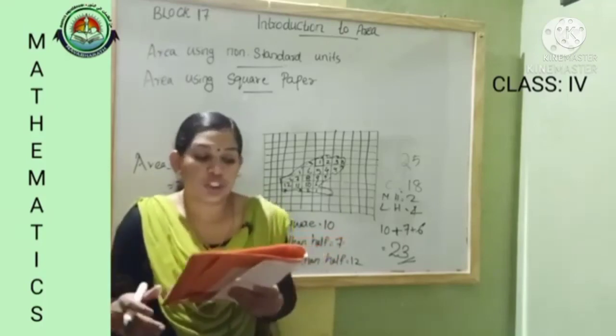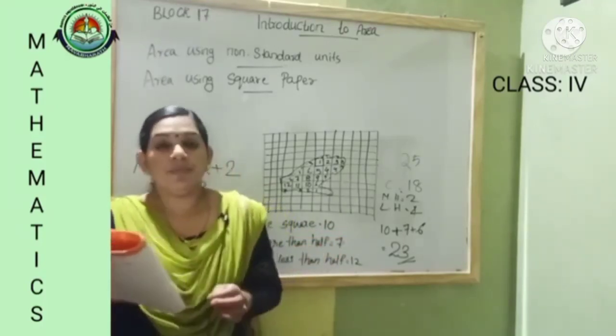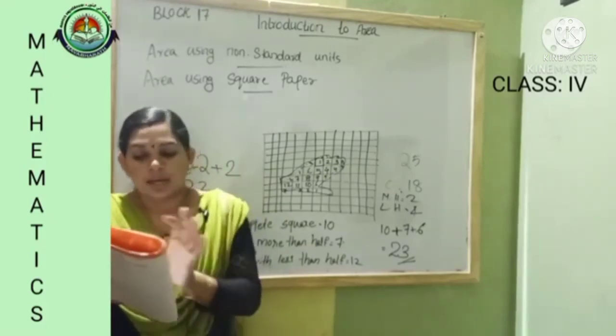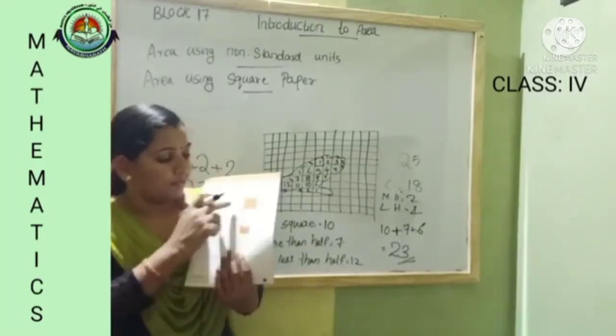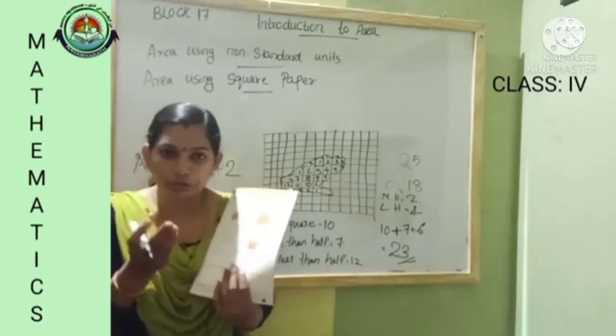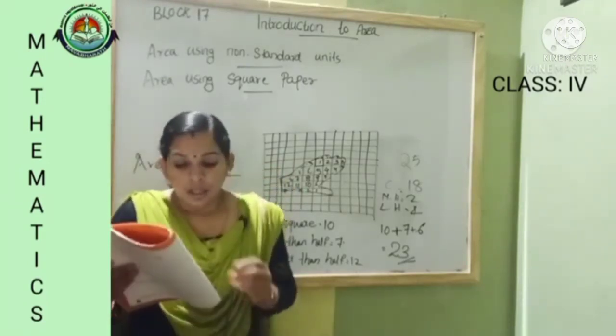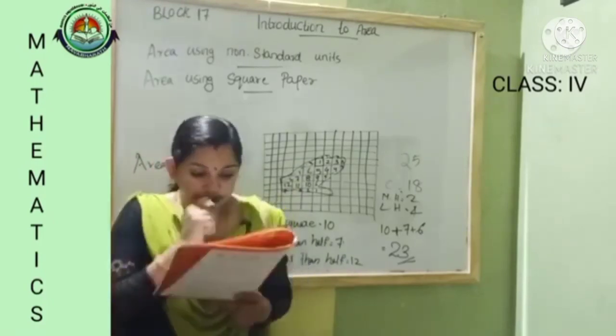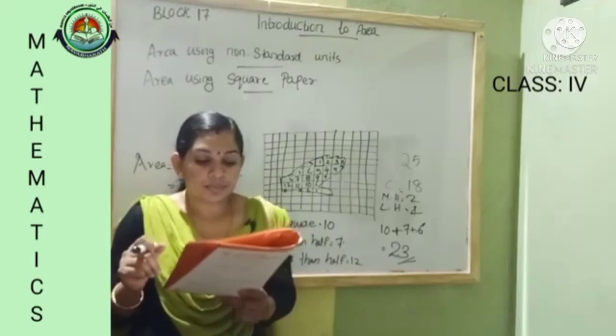Then page number 3, S2, area using square paper. Find the area of each figure. Both shaded figures, you want to find the area. You know that you count the number of squares.